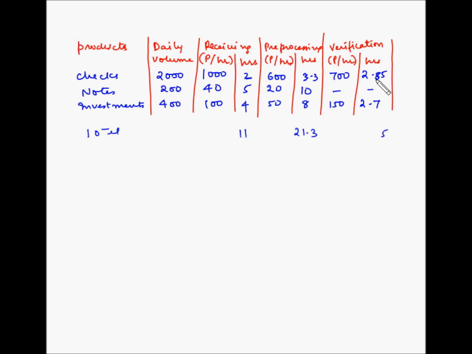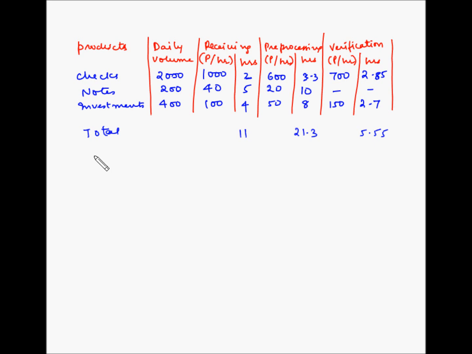So 5 here, 8 plus 7 is 15, 1 carryover, 2 plus 2, 4, plus 1, 5. So this is the total number of hours for each of these sub-processes.